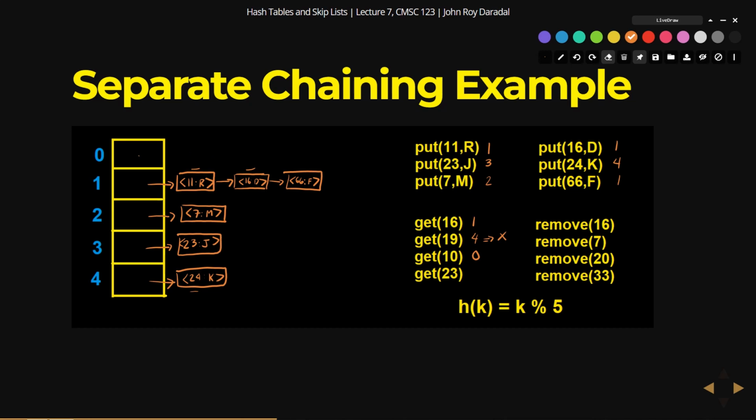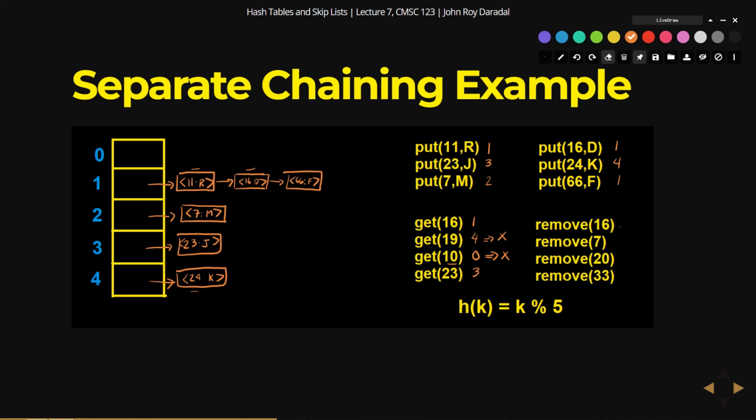So we'll have to go to index 0. But since there is no list at all at index 0, we know that there is no key 10 in the map. Next, get 23. If it's 23, then it's at index 3, right? And then at index 3, you can find it right away at the first node, so we'll return 23J.